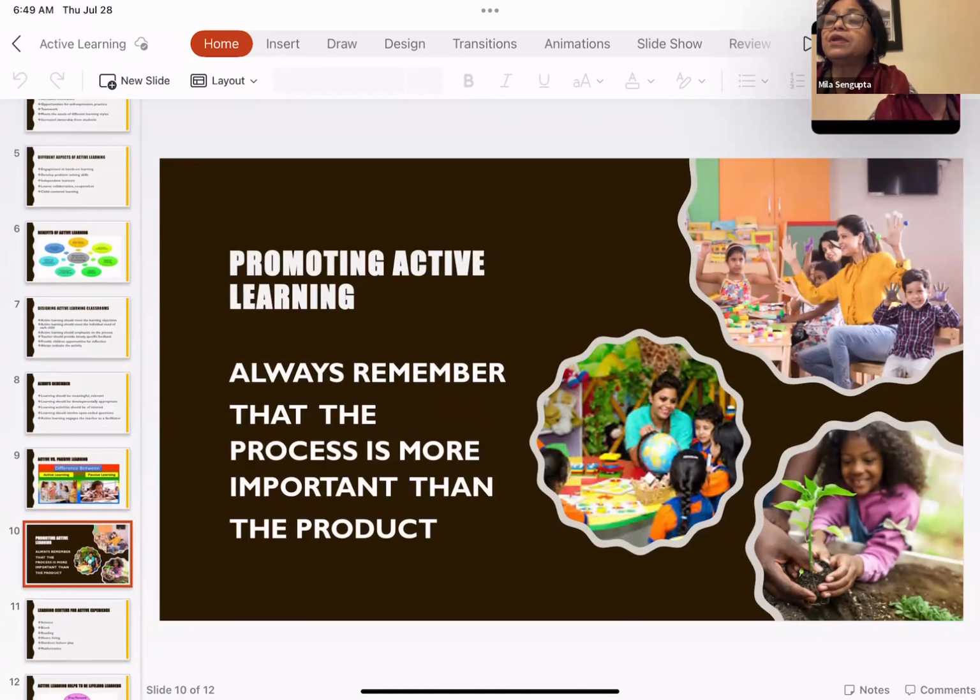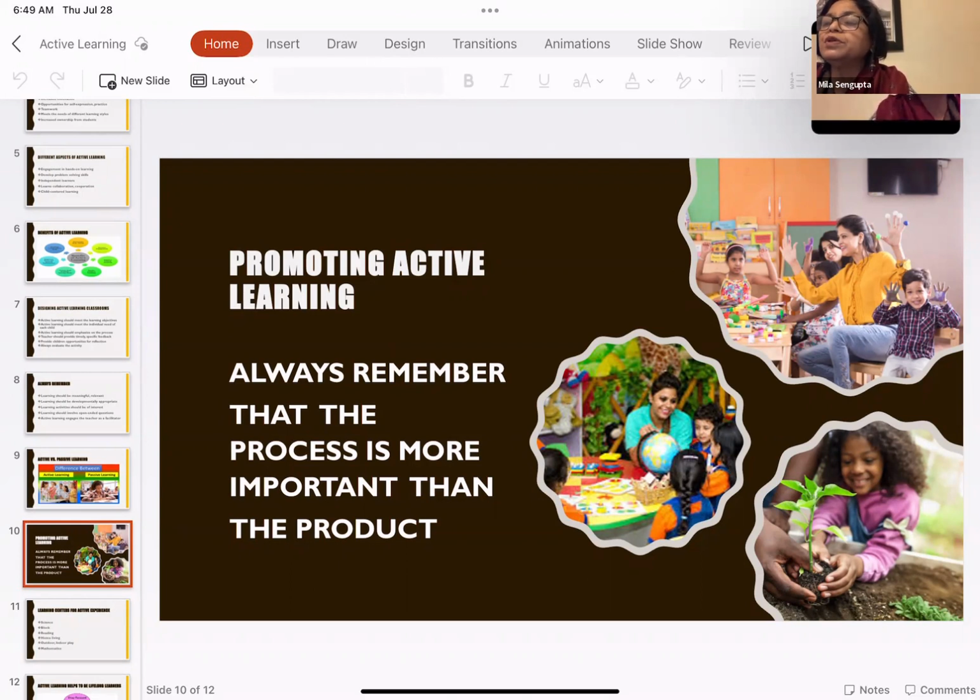Promoting active learning, if you look at these pictures, could be as simple as children sitting down, learning about the world, the globe, about different countries. It could be something where it's a block table, children are building something and they're discussing something enthusiastically.